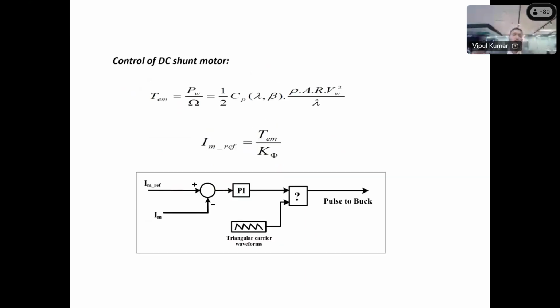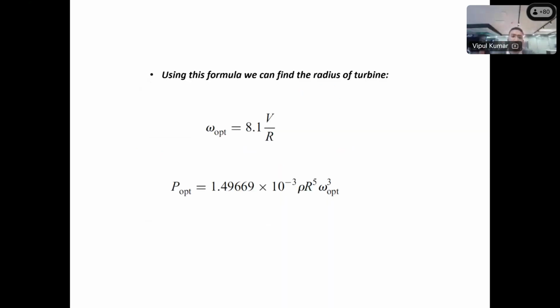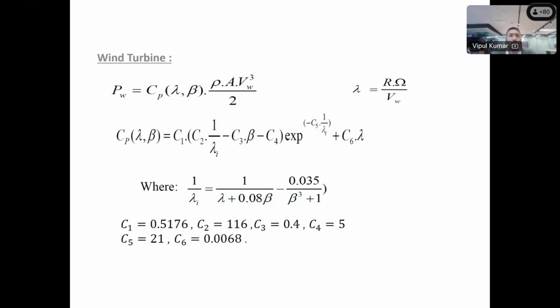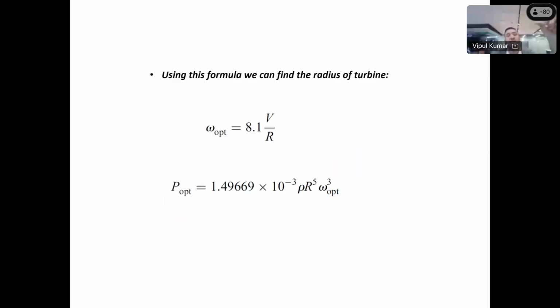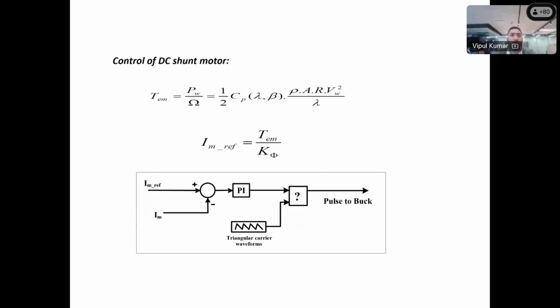So here we are simulating the DC motor as a wind turbine. For a particular wind speed, we get the wind turbine power, and that power we equate to the motor power. The motor power is torque into omega.